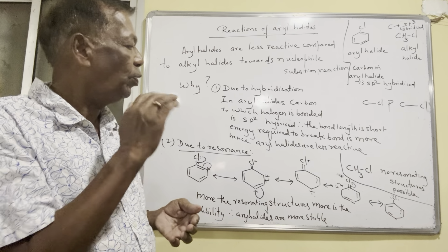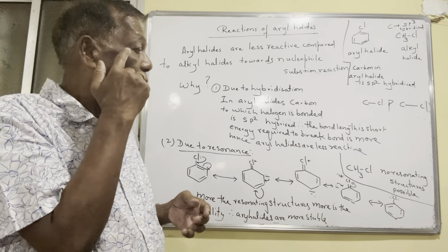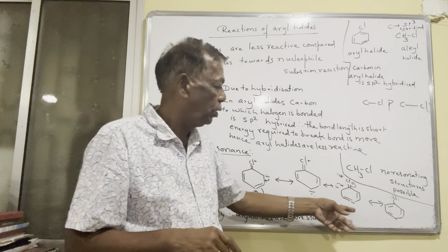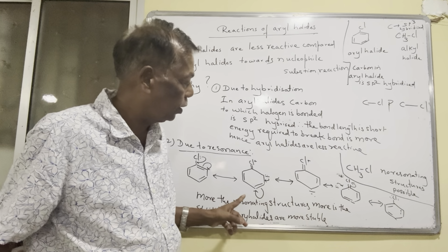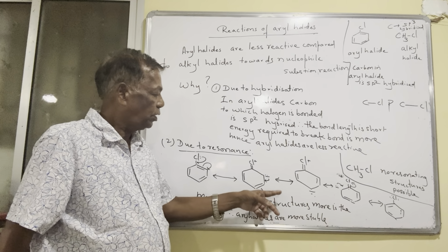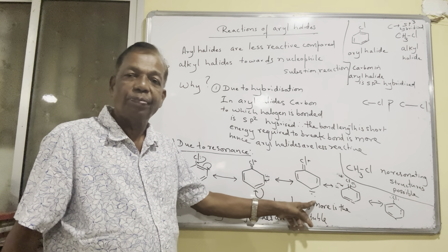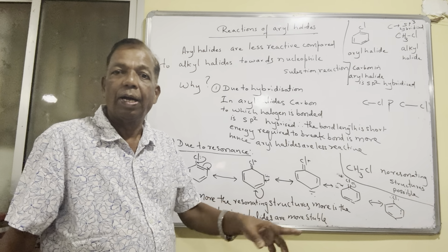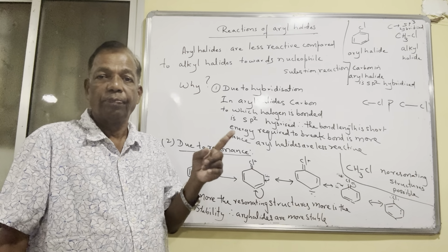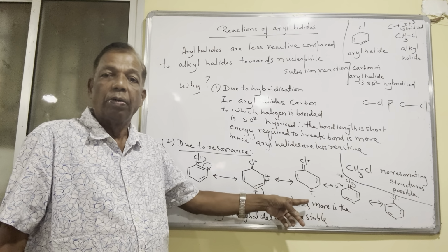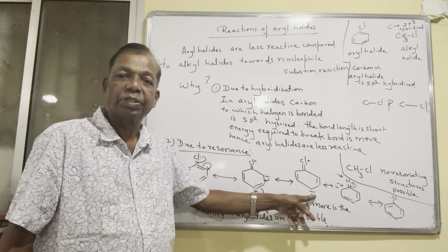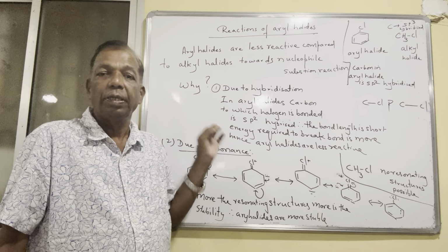Okay. Now one more thing. This compound here, if you just see in these resonating structures, you can see that ortho position and para positions are rich in electron. Okay, just remember, ortho position and para positions are what? Rich in electron.